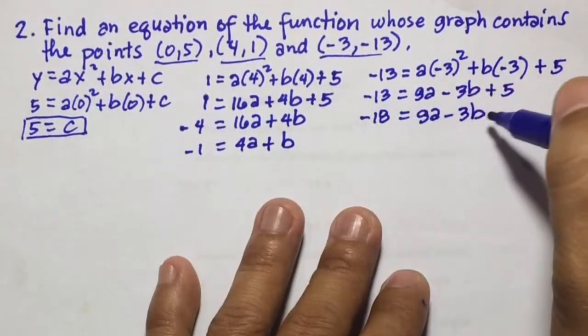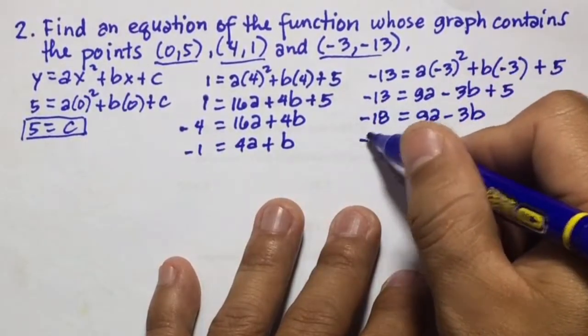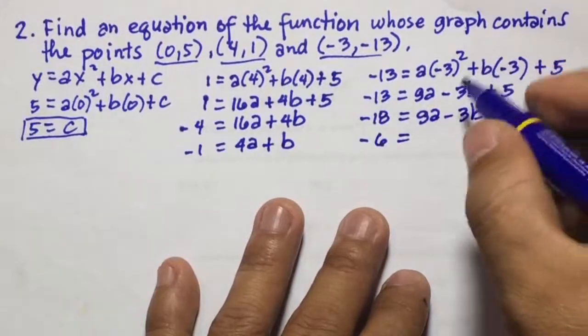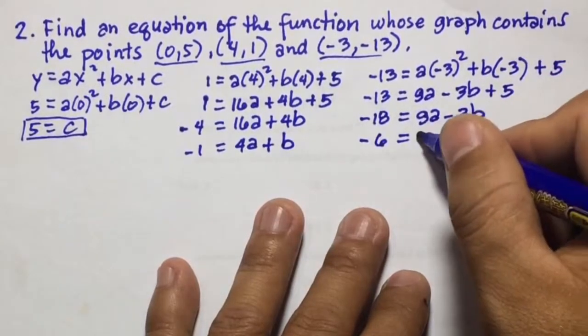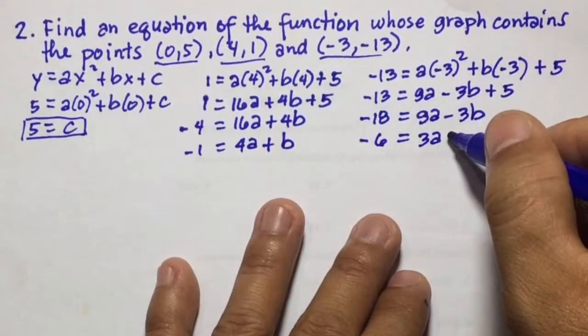Then these are divisible by 3. So negative 18 divided by 3 is negative 6, because 9a divided by 3 is 3a, then negative 3b divided by 3 is negative b.